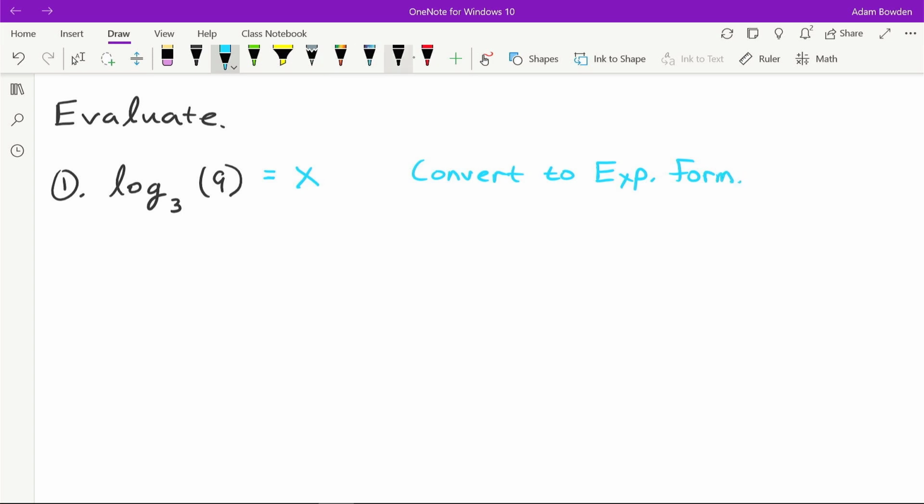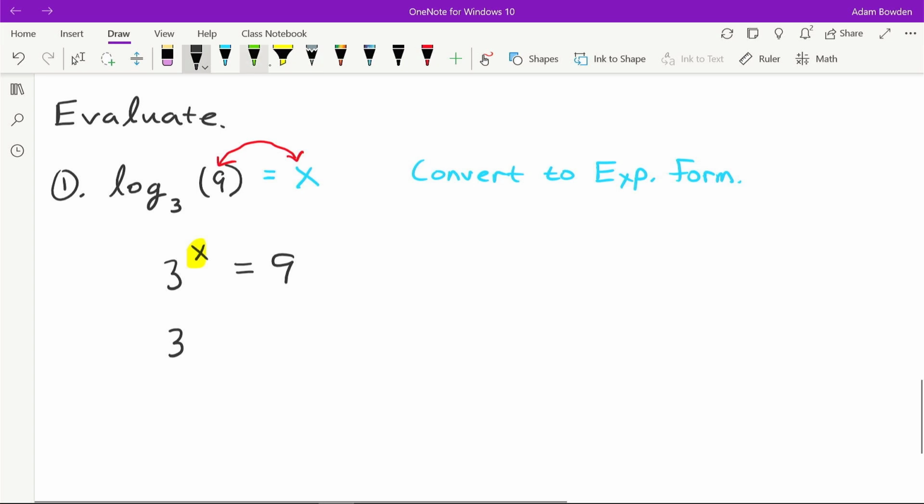Just like we did in the last few examples, to change it from log to exponential form, we just need to swap around these two things from one side to the other side. That will allow us to write it as 3 raised to the x power is equal to 9. And the question becomes, what needs to go there for x to make 3 to the power equal to 9?